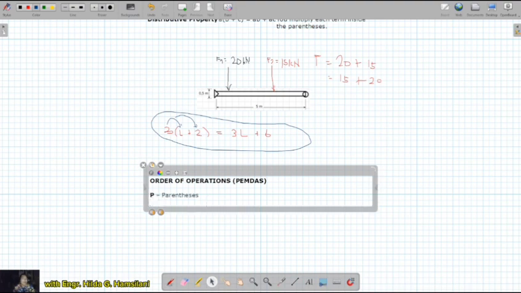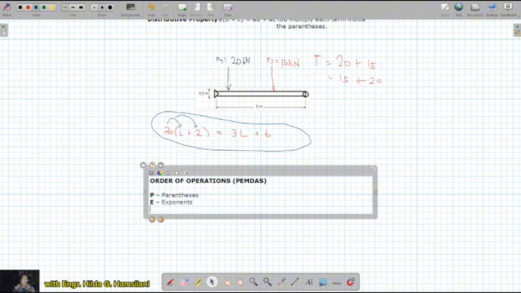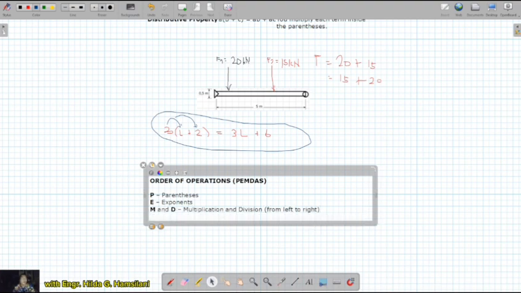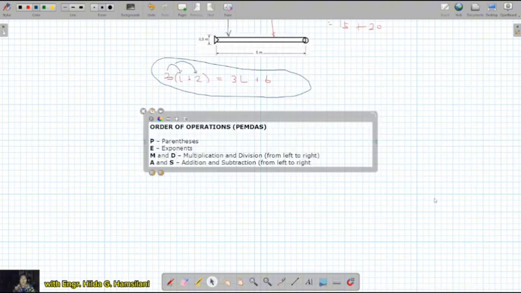And then E stands for the exponent. Then from left to right, M and D stand for multiplication and division. And then lastly, we have the A and S, which stand for addition and subtraction.